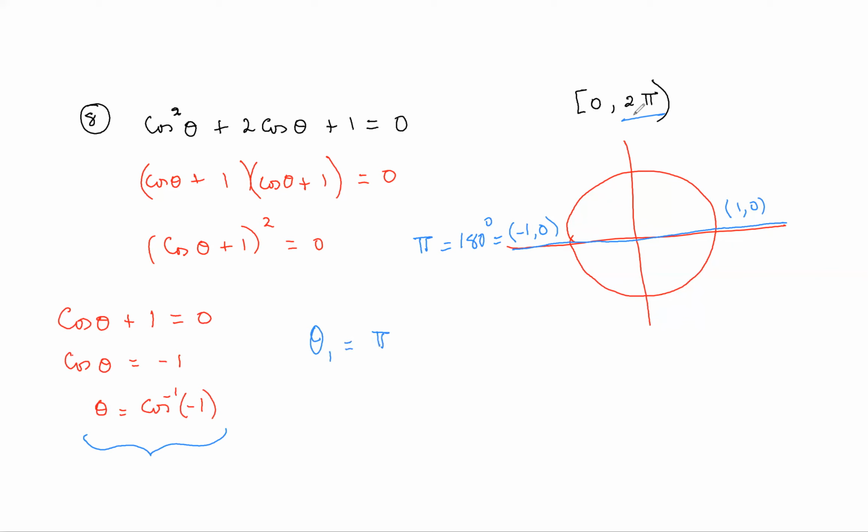But what happened? They mention in the statement that the 2 pi is open. Now we have to mention plus n. In the previous one, I said 360 degrees. In this one, the revolution is 2 pi.